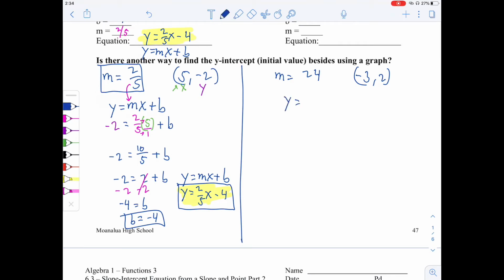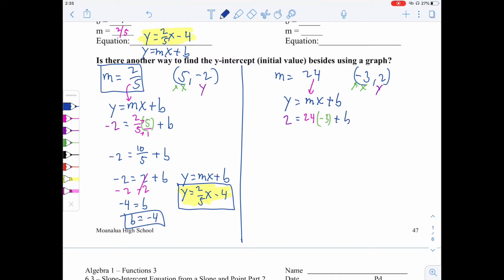Again, always compare y equals mx plus b. We're given the slope, 24. We're given an x value. We're given a y value. So we're just going to substitute that into our equation and solve for b. So y is 2 equals our slope, which is 24. And then our x value is negative 3, right, from our ordered pair.